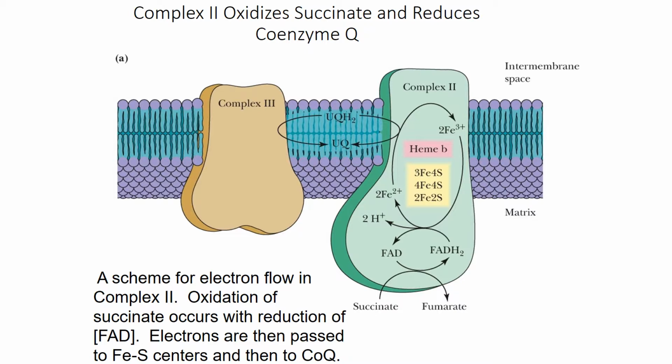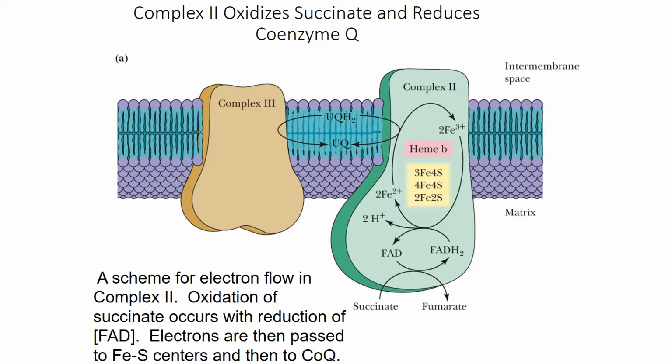So as you see, we have succinate, which obviously has to diffuse to this complex, and in the process of its conversion to fumarate, FAD is reduced to FADH2.